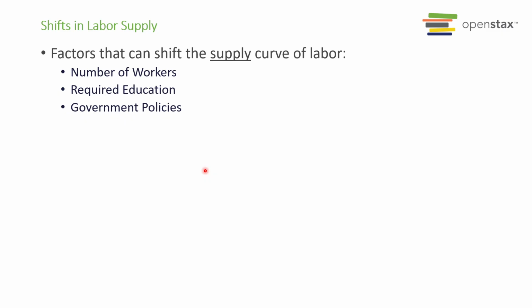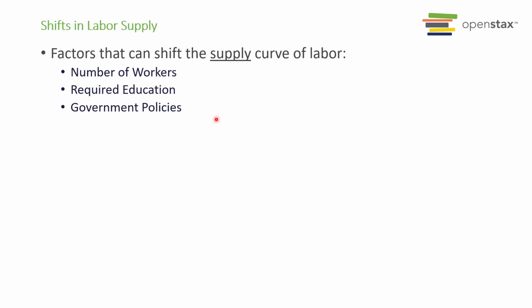If you've got, let's say, an increase in required levels of education, for example, in the nursing field you require nurses to have a master's degree now in order to work, not all of them are going to qualify. So you might see a decrease in the supply offered. In other words, not as many nurses are going to be able to take those jobs because they don't have the required education. So the supply of qualified nurses is going to fall.